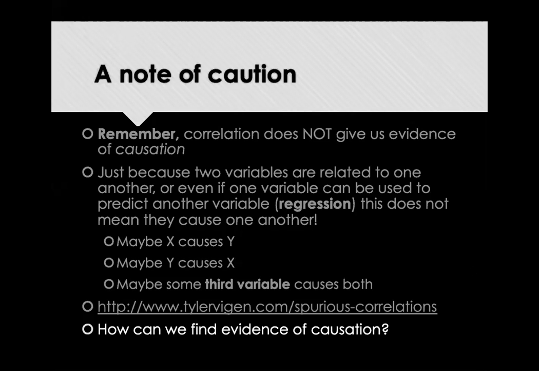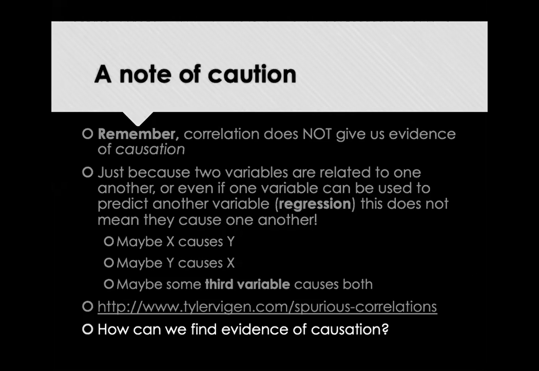It's pretty obvious that those things listed on the site, while they perhaps do relate to each other, they certainly do not cause each other. So hopefully that will just help you remember that that is the case.